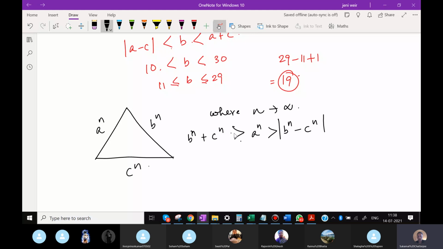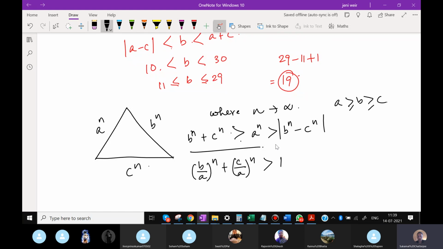Now, let us assume a greater than or equal to b greater than or equal to c. If I divide this inequality by a to the power n on both sides, I will get (b by a) to the power n plus (c by a) to the power n greater than 1, right?